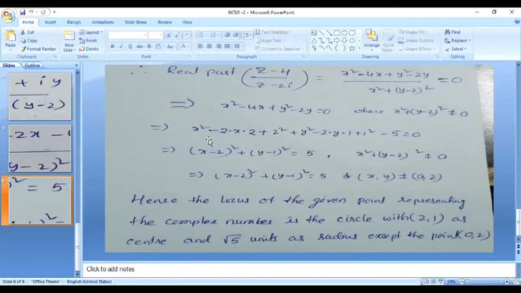Because by comparing a square minus 2ab, in place of b we have 2, so we take b square as 2 square. Plus y square minus 2y is also the same: a square minus 2 into y into 1, so b is only 1. That's why we have to add 1 square, that is b square.